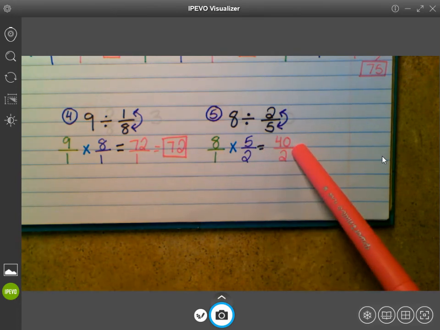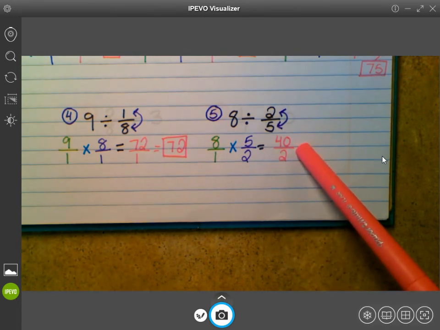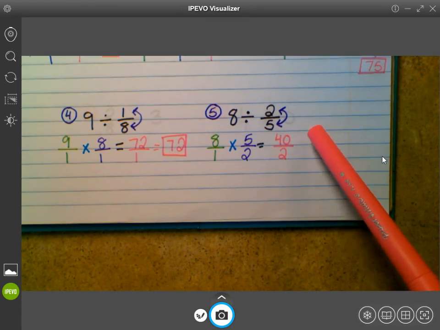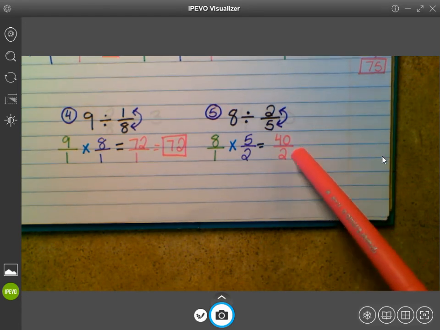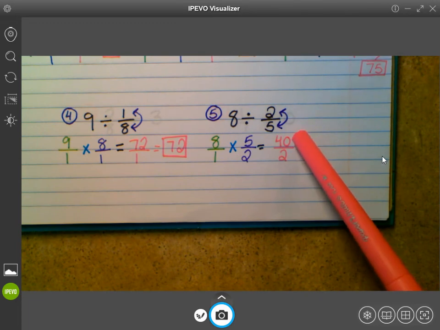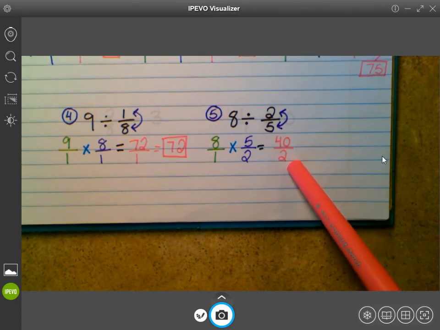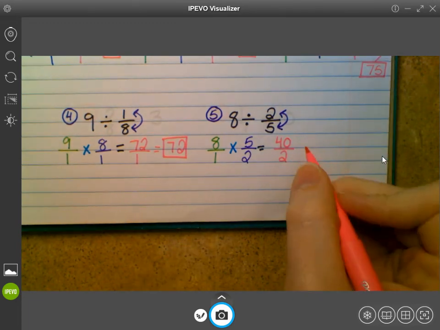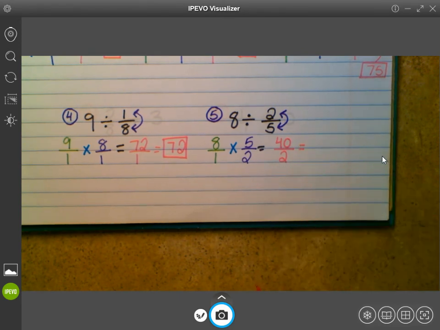That line in my fraction is the same as what? The division symbol. So 40 over 2, that's the same as 40 divided by 2. So when I take 40 and divide it by 2, does 2 go in equally? Yes. How many times, Mackenzie? 20.